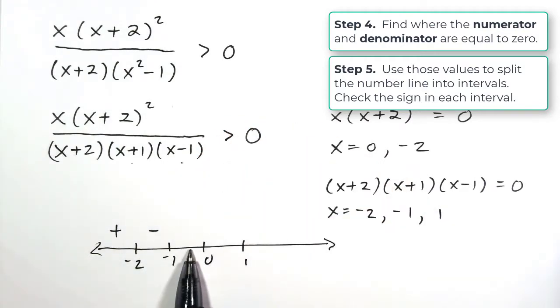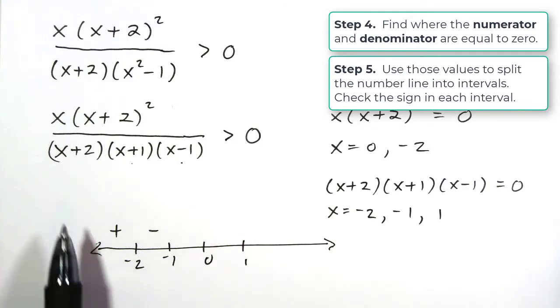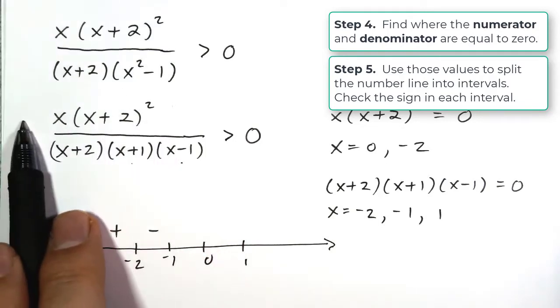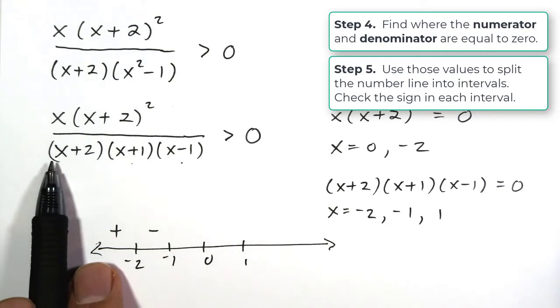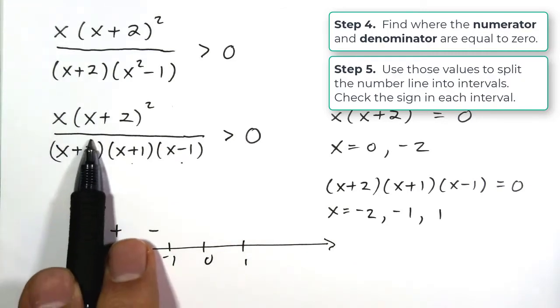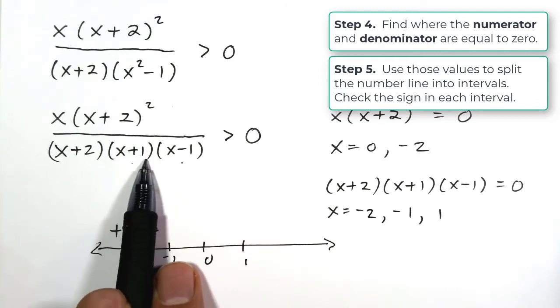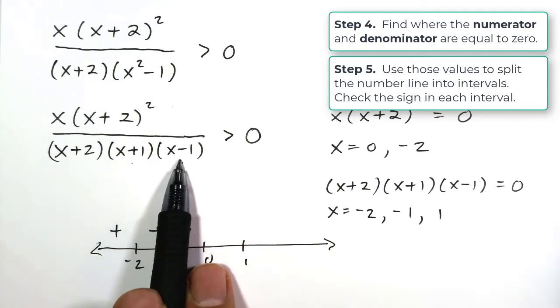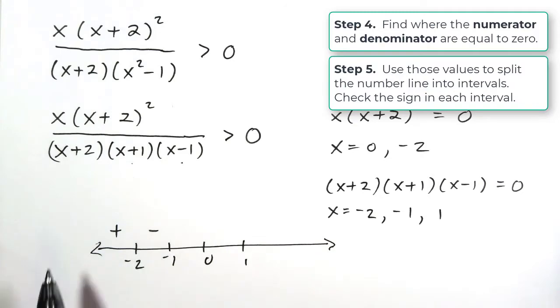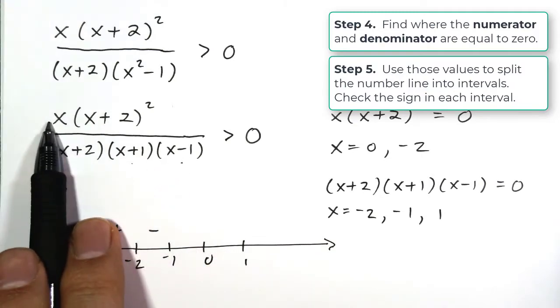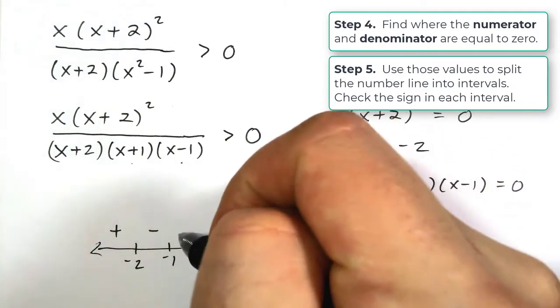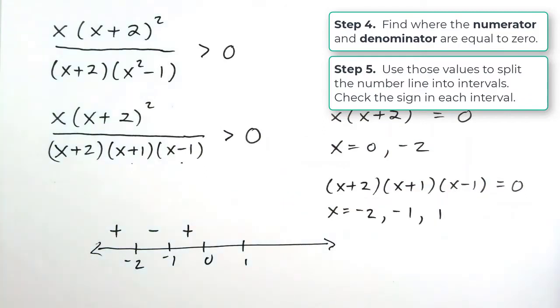Now, what happens in this interval between -1 and 0? Well, this is negative, this is positive, numerator is negative. What about here? I'm greater than -1, so this is positive, and this is negative. So I have positive times negative. The denominator is negative. Numerator is negative, denominator is negative, so the result is positive.